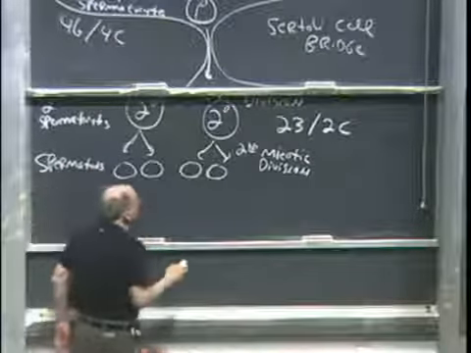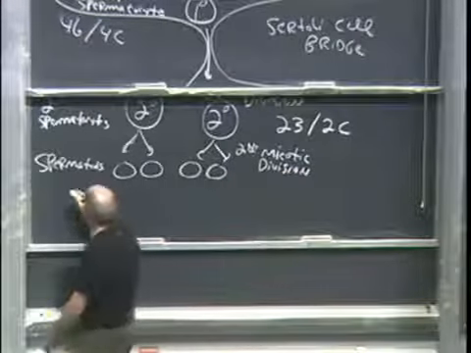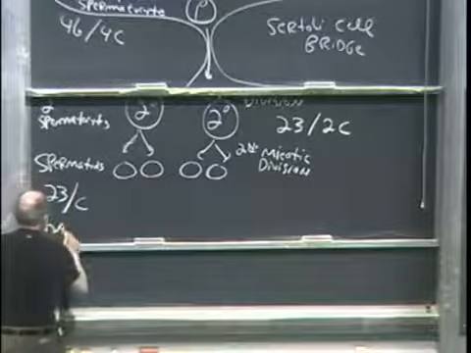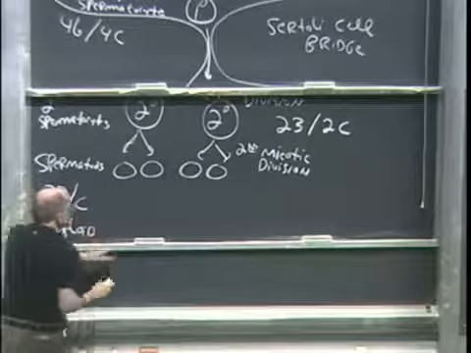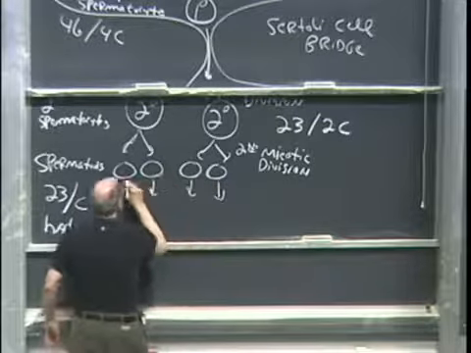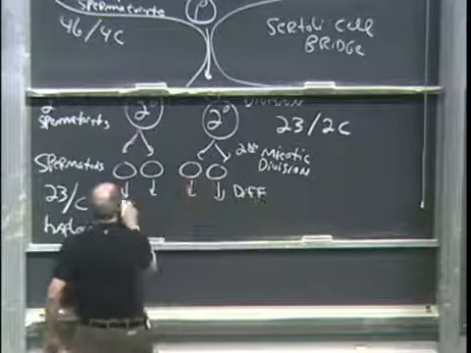And the spermatids all are true haploids. So the spermatids are 23 chromosomes and cDNA. So it's a true haploid. Okay? Then each of these spermatids differentiate into spermatozoa.